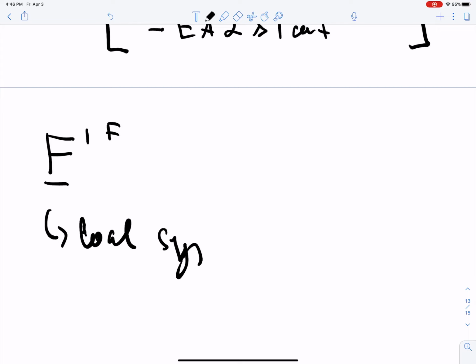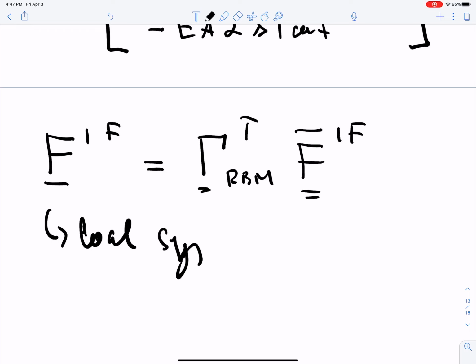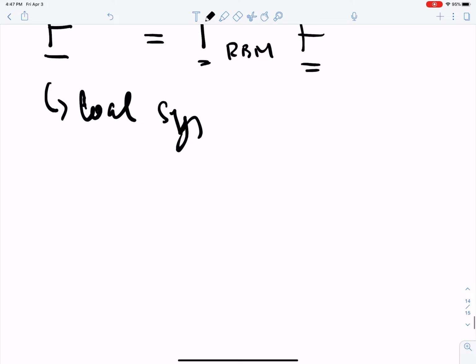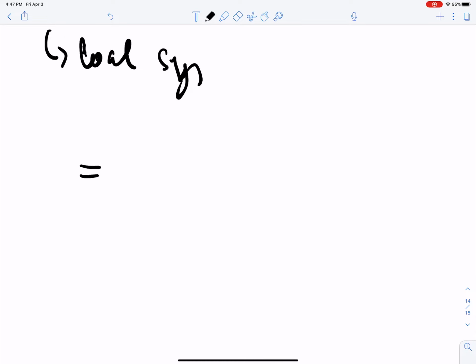Remember, this was gamma transpose, RBM, times f over bar prime f, the connection between the basic and the local coordinate system.